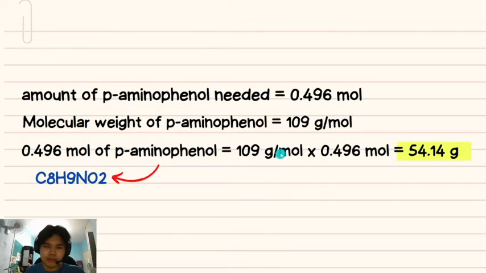After we get the mole of p-aminophenol, we can calculate the mass of p-aminophenol needed based on the formula molar mass times the mole. We know that the molecular weight of p-aminophenol is 109 grams per mole. So the mass is the molar mass of aminophenol times the mole of p-aminophenol. We get 54.14 grams, which is the mass of p-aminophenol.